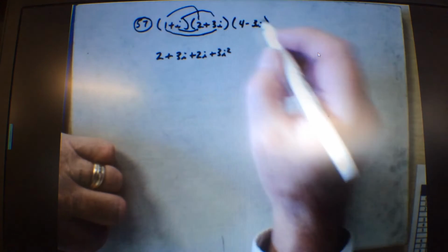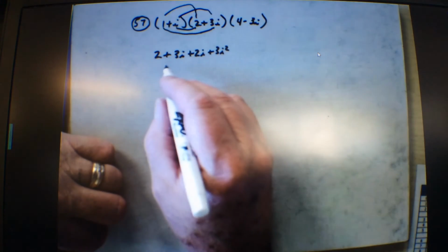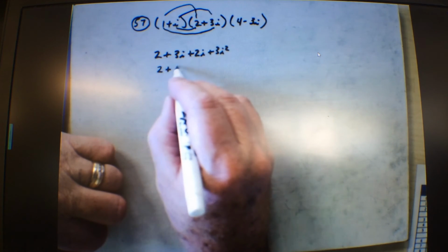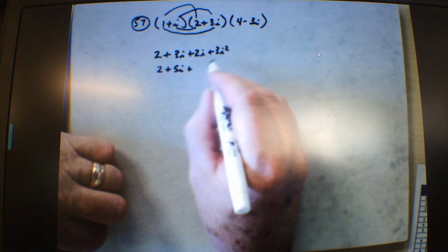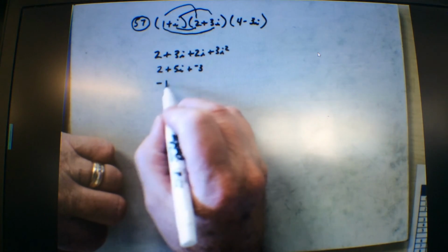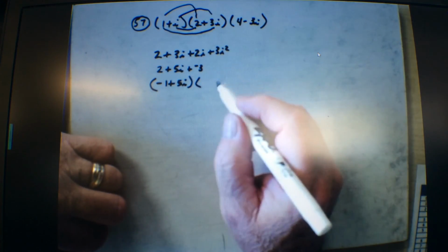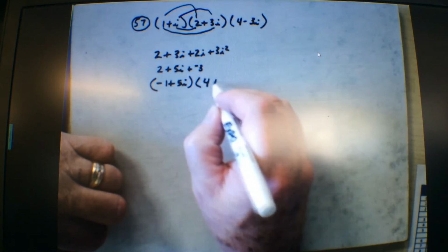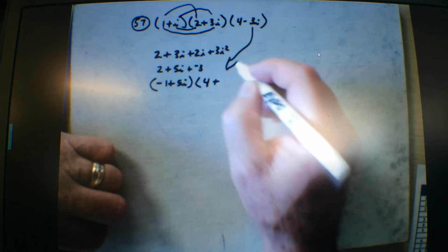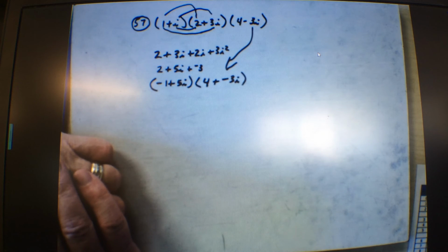Yep. Now, before you go multiplying it by this, please simplify it. Otherwise it gets really ugly. So we have 2 plus 5i plus negative 3. So I have a negative 1 plus 5i. Notice how it simplifies to a nice complex number. Now we can bring this down and multiply it using FOIL again.